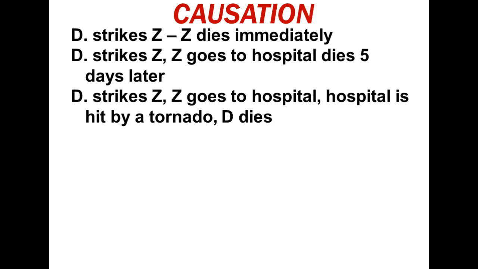Now we add in an intervening event, the tornado here, and Z is hit by a tornado and dies as a result of the tornado. But we can still ask, but for D striking Z, Z would not have gone to the hospital, and would not have been there when the tornado hit and would not have died. So there is real likelihood that D still meets the but-for test as to Z's death.